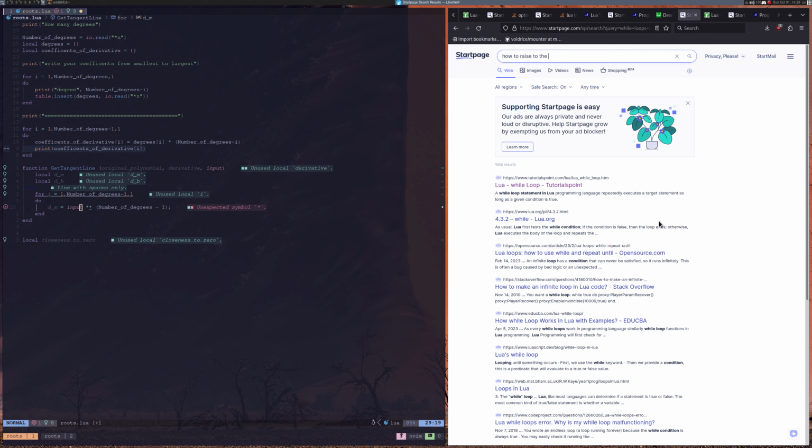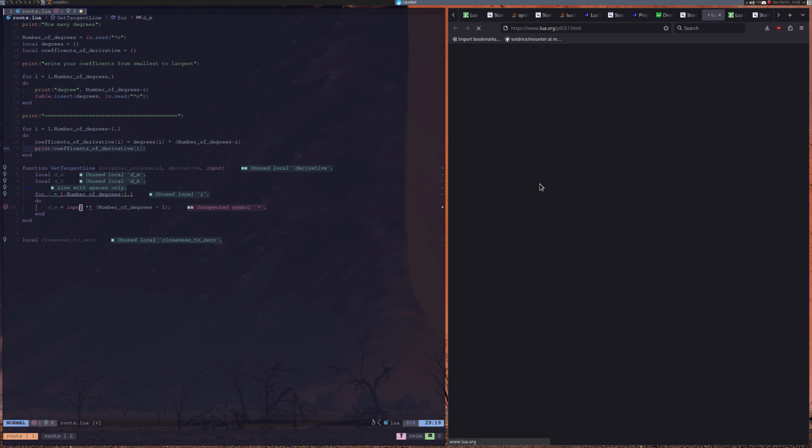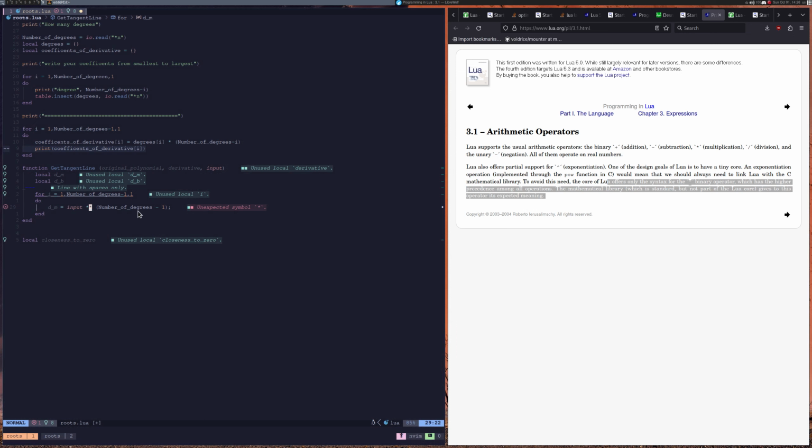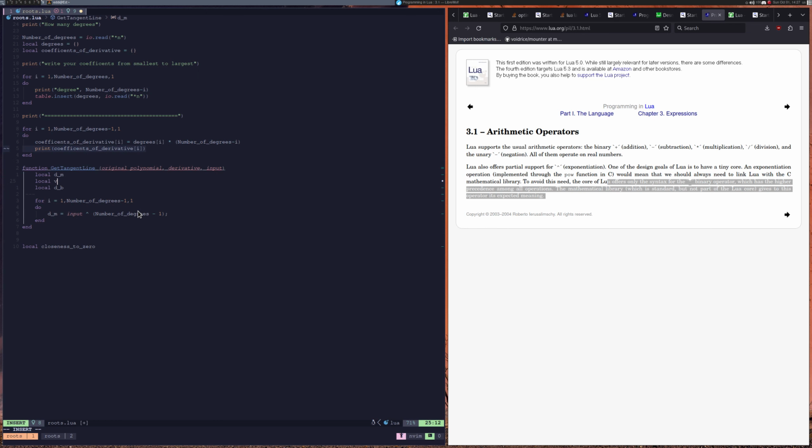To raise to the power, which is a higher precedence. So this will need to use pow. Value.